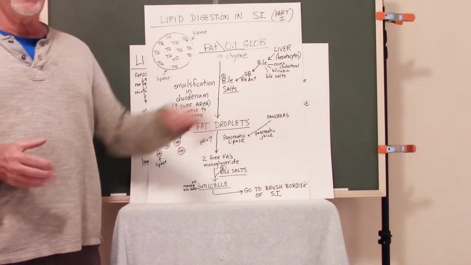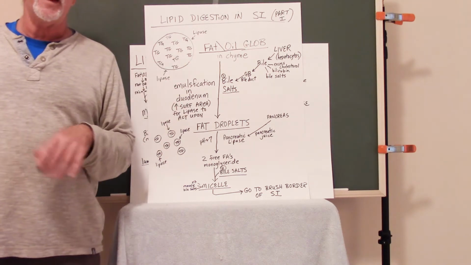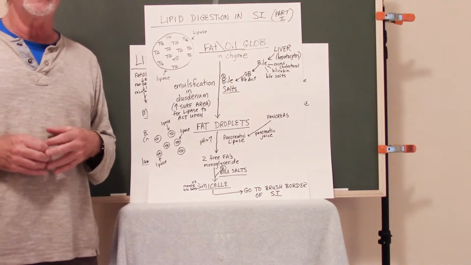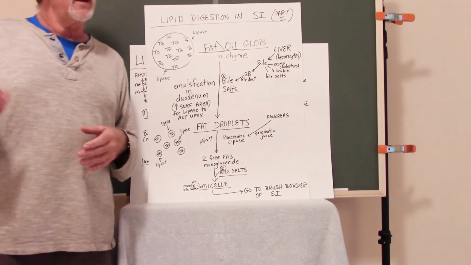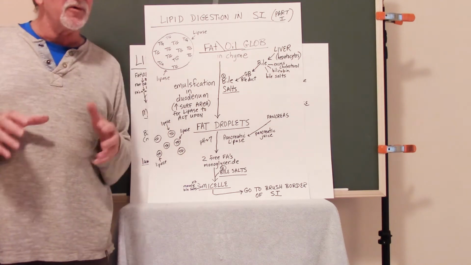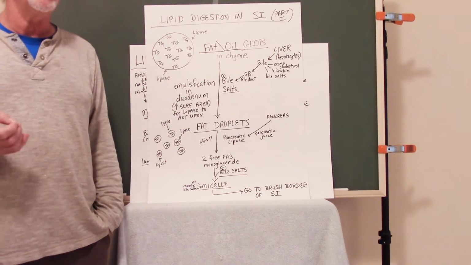So the only ingredient of bile that we care about with digestion, because it's the only ingredient of bile involved with digestion, are what are known as bile salts. I think I mentioned in class that bile salts are made from cholesterol. So they don't really look like sodium chloride. Their chemistry is more complicated than that.